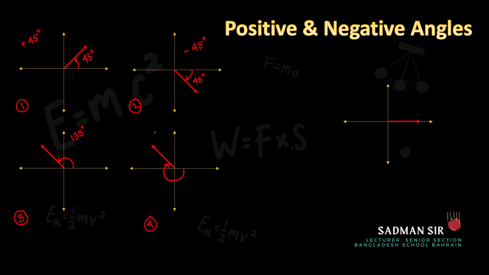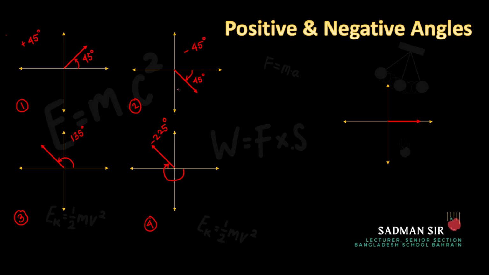So the measurement of the angle is 225 degrees, but as it rotated in the clockwise direction, this angle will be minus 225 degrees. So that's the main difference between the positive and negative angle.